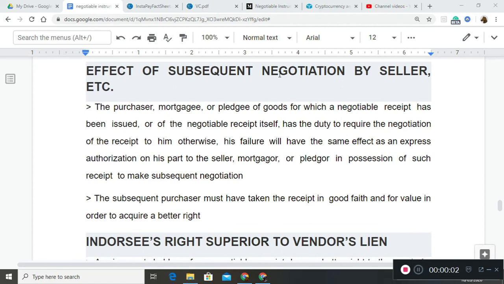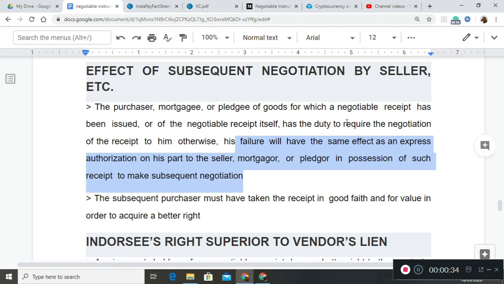When there is subsequent negotiation by the seller, the purchaser, mortgagee, or pledgee of goods for which a negotiable receipt has been issued, or of the negotiable receipt itself, has the duty to require the negotiation of the receipt to him. If he fails to do so, this will have the same effect as an express authorization on his part to the seller, mortgagor, or pledgor in possession of such receipt to make subsequent negotiations.